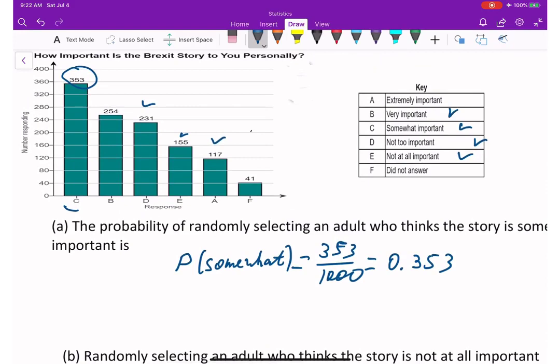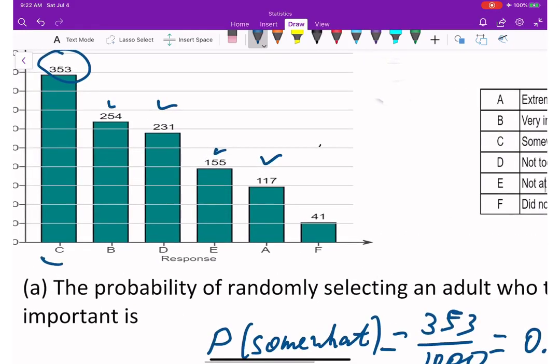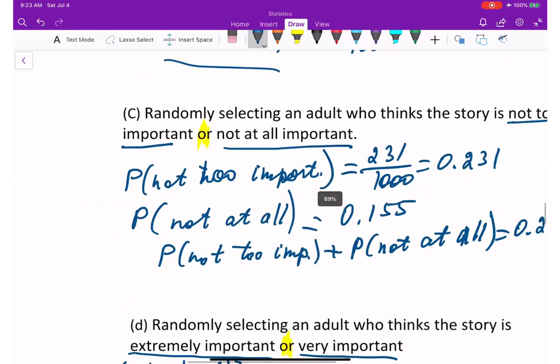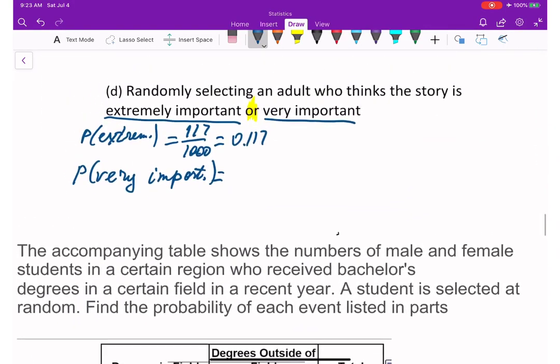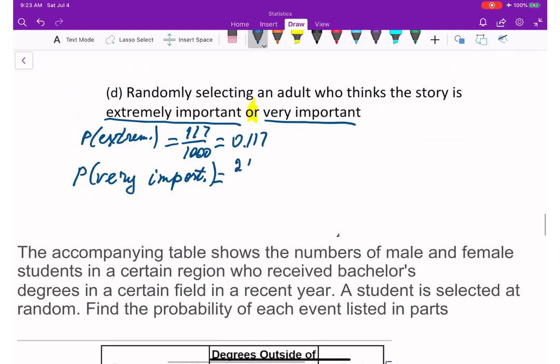Here it is, it's B, which is 254. We got it. 254 over 1,000, which is equal to 0.254.